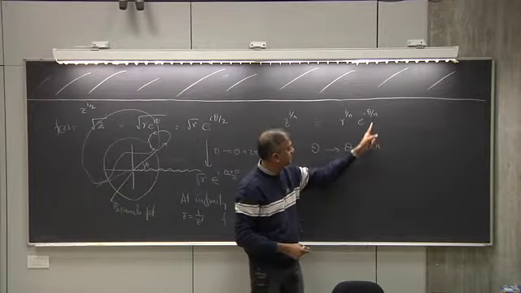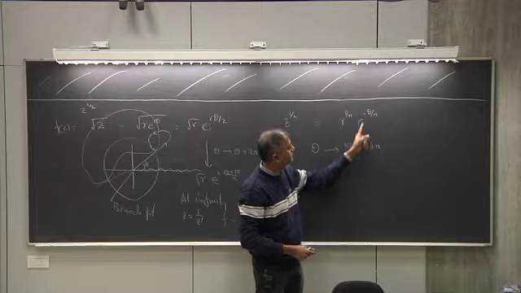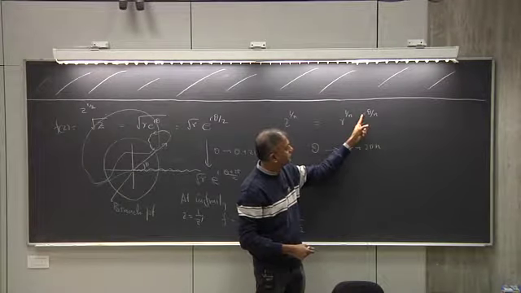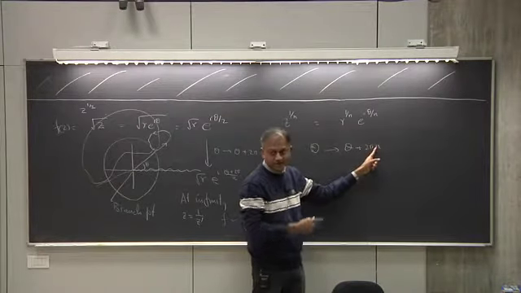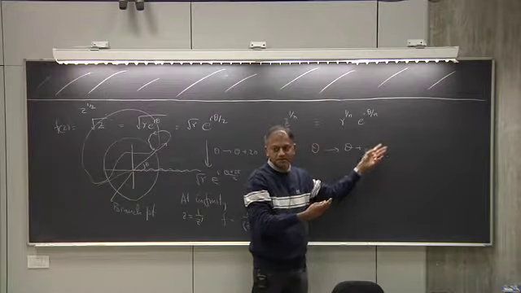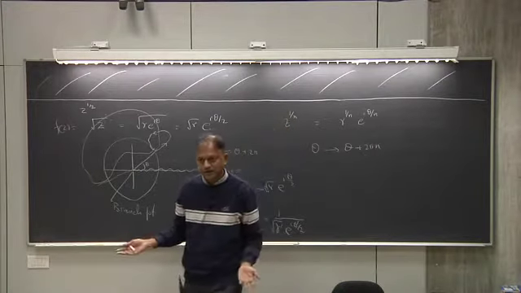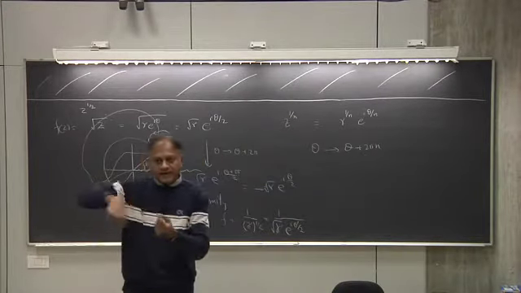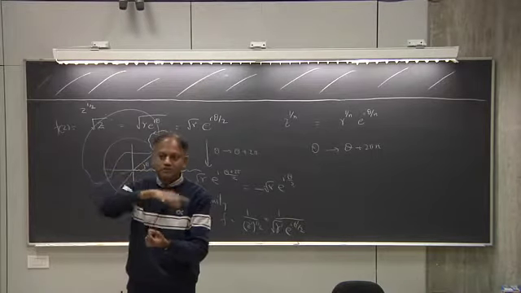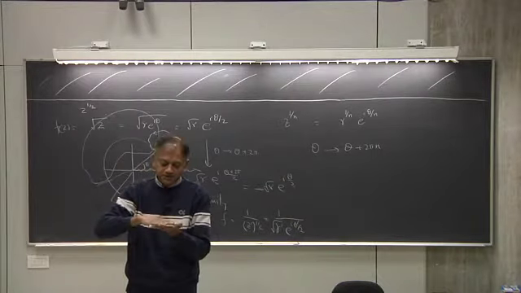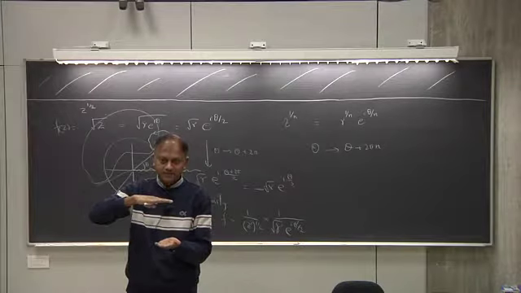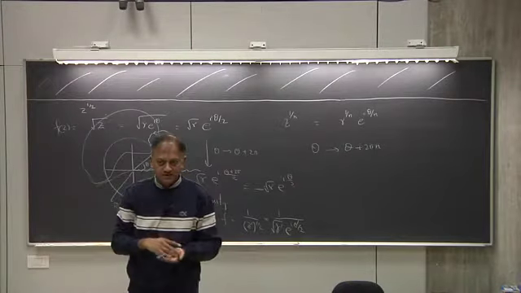Because when you shift theta by 2 pi n, this doesn't pick up any phase because it's e to the power of i 2 pi n divided by n. That's the extra piece. n cancels, and you just get e to the i 2 pi, which is 1, right? So after going around n times, you come back to its original value. That means that you need n sheets so that this function becomes single valued.